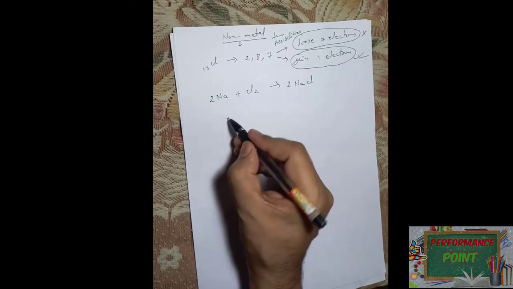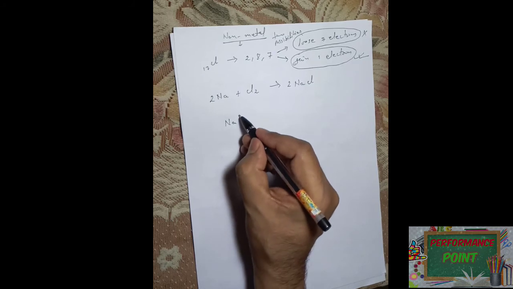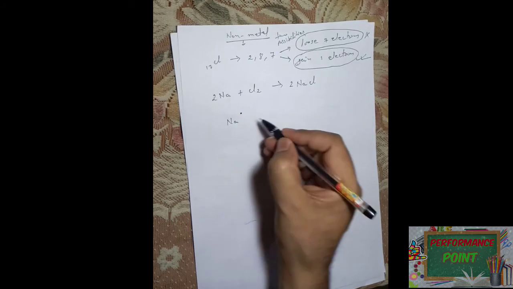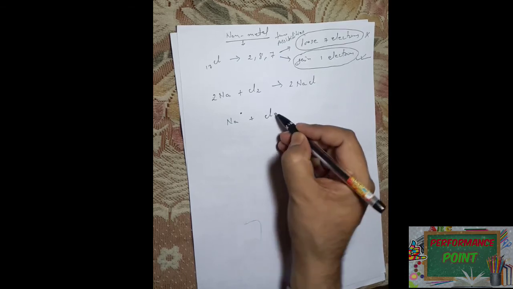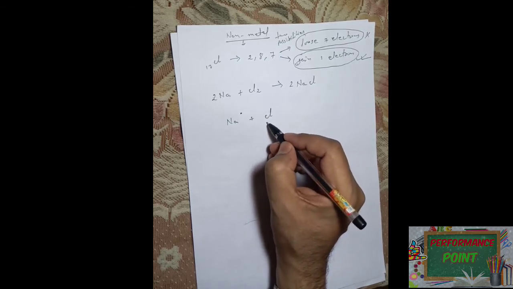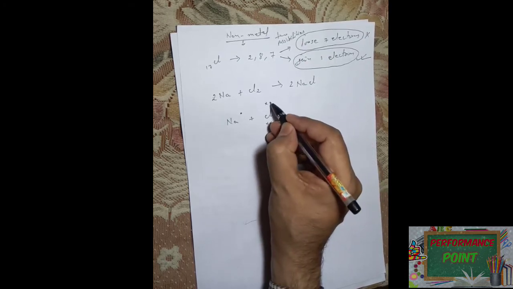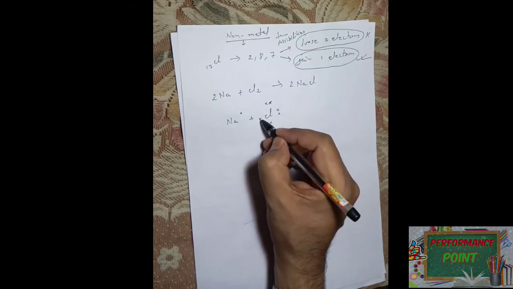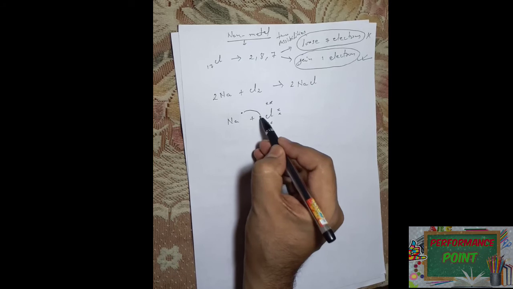Let's look at Na: it has one electron, plus the chlorine, which has an outer shell of 7 electrons, which we represent by crosses. Now this electron will go over here.